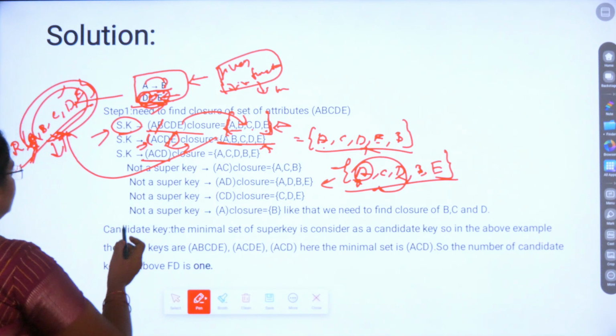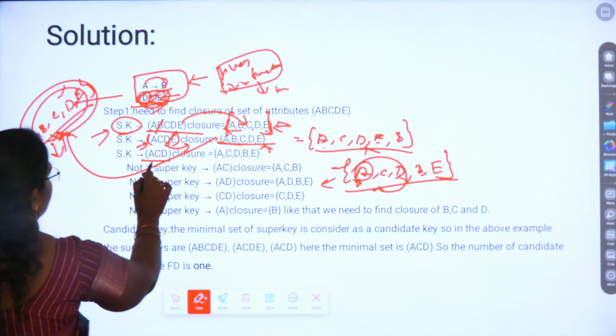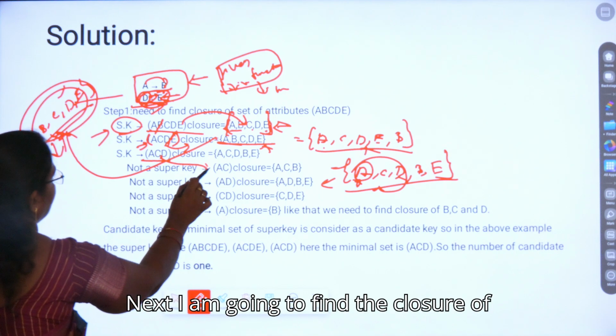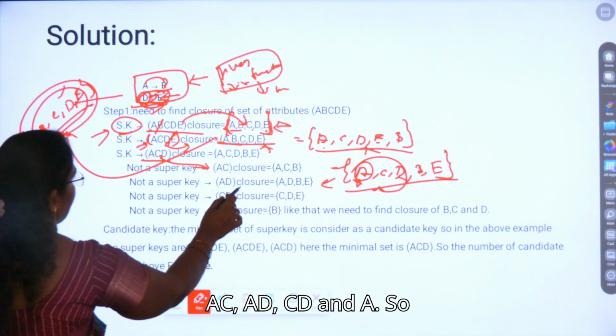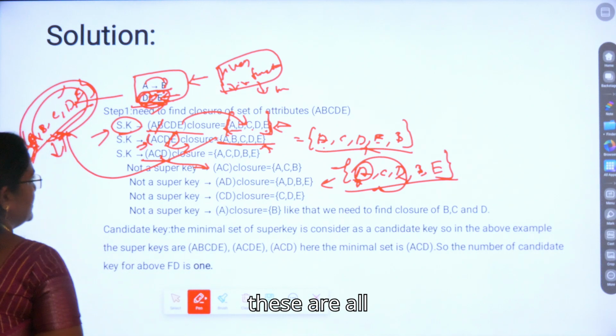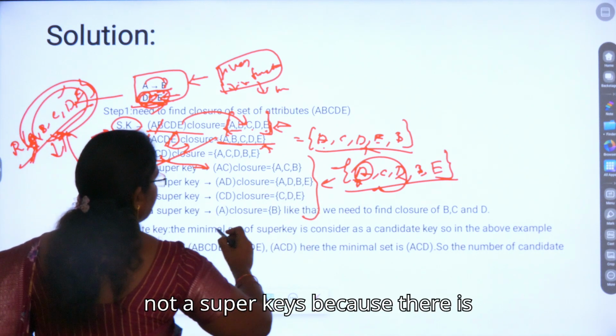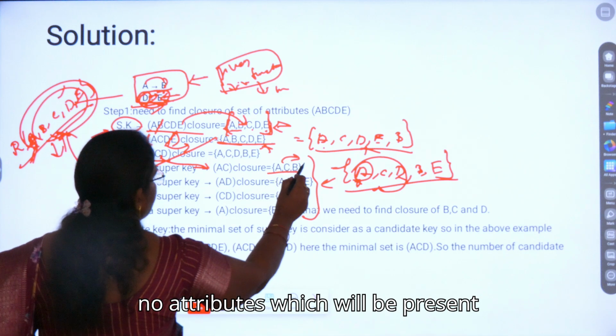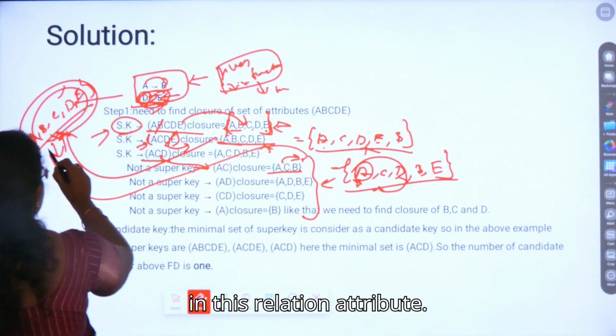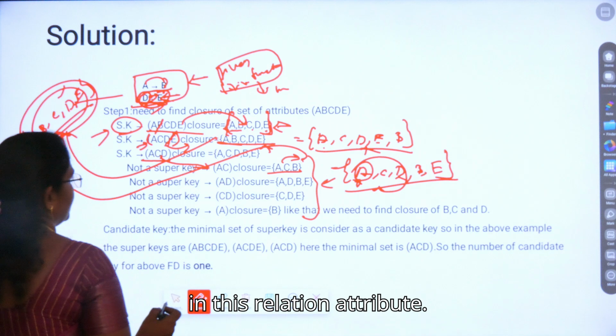Next I am going to find the closure of AC, AD, CD and A. These are not super keys because their closures do not contain all the attributes of the relation.